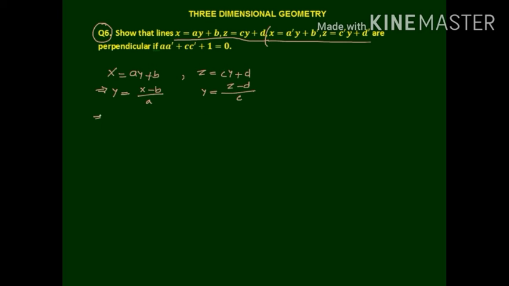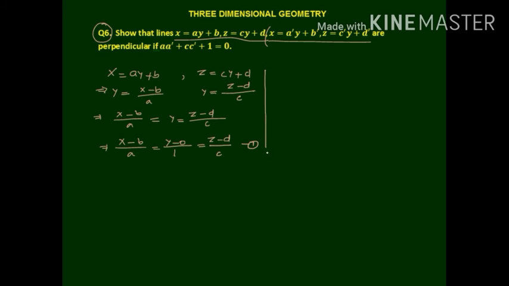Now overall these two, if you write in the form of symmetric form of line, then this can be written like this, right? Now a modification you make, because y should be written like this: y minus 0 divided by 1, z minus d divided by c. So this is line 1.